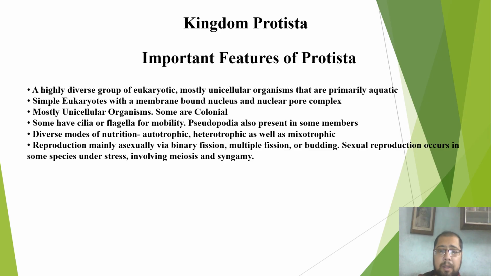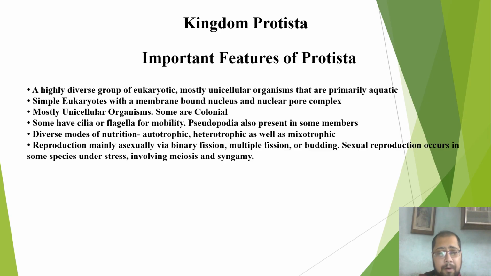Now, because they're eukaryotes, they have a membrane-bound nucleus with a nuclear pore complex. Most of these organisms are unicellular, some are colonial. Mostly they are motile, some are non-motile. Motile organisms may have cilia or flagella for motility. Some also have pseudopodia, that is false feet.